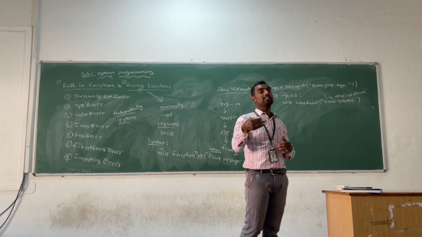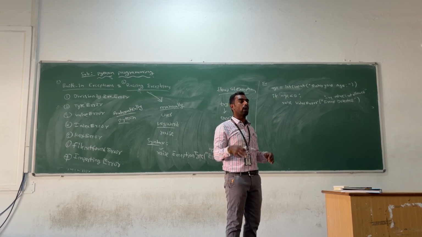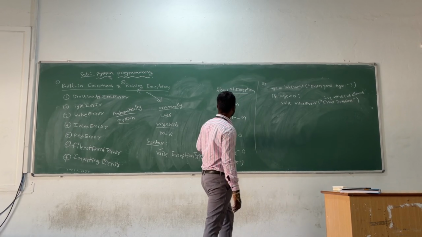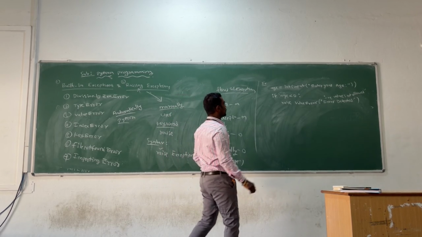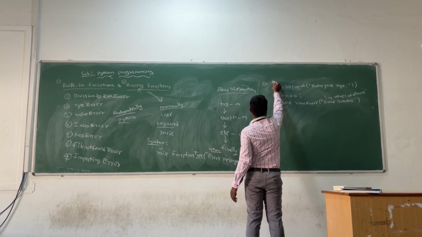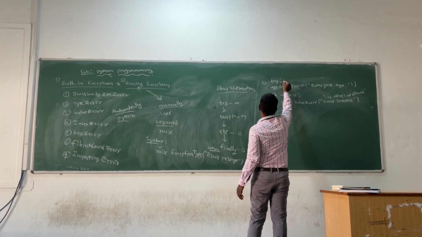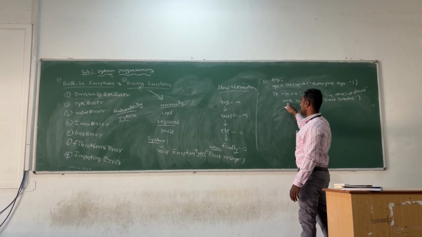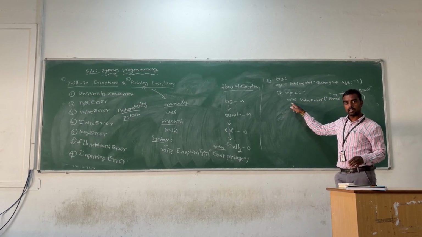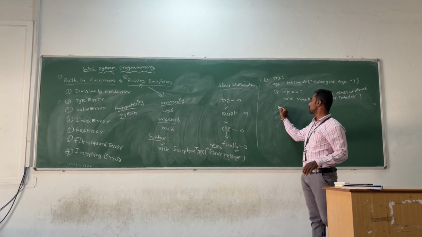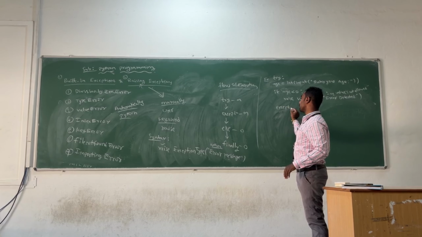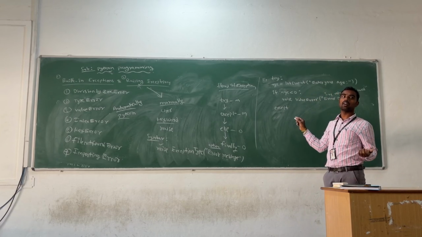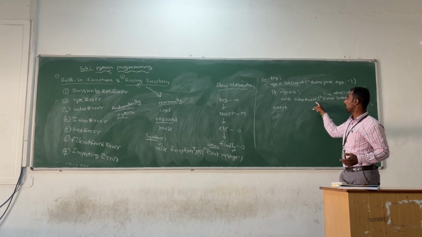Then after raising the error, we need to accept it. How to accept the error? We should use this flow of exception. Here we should use try. The error is raised, then we need to accept that by using the keyword except.